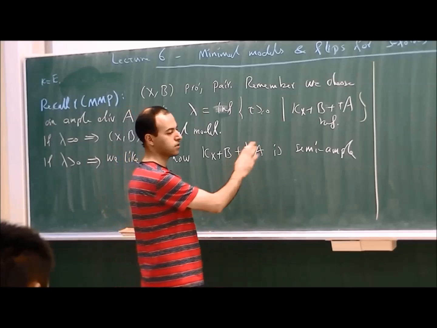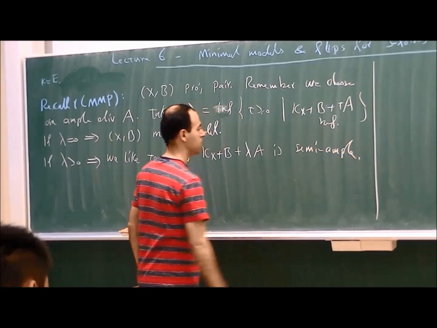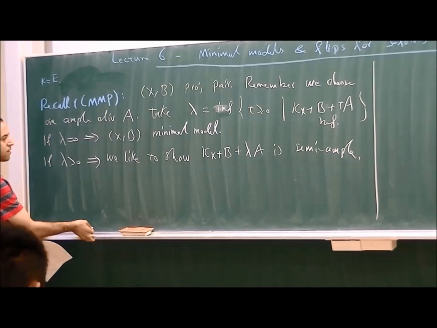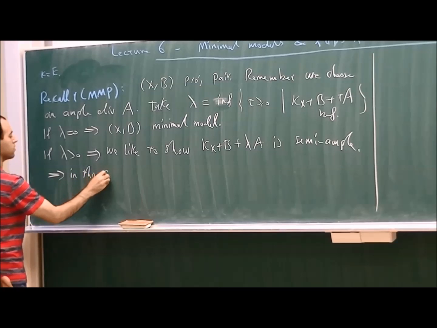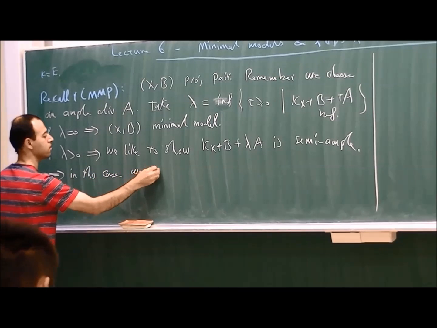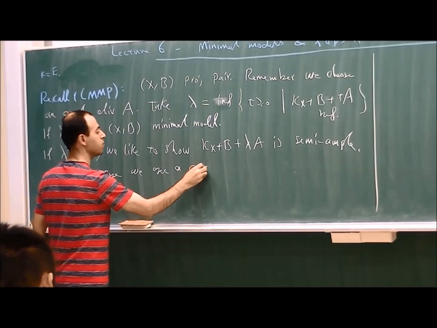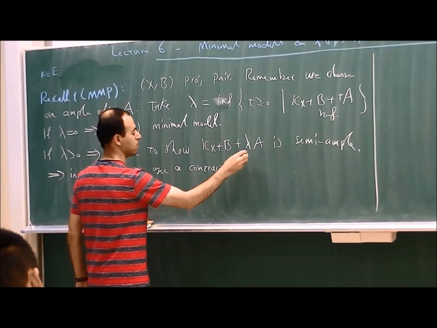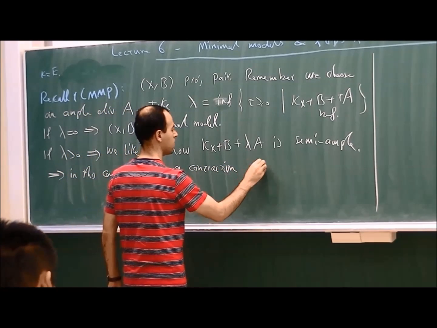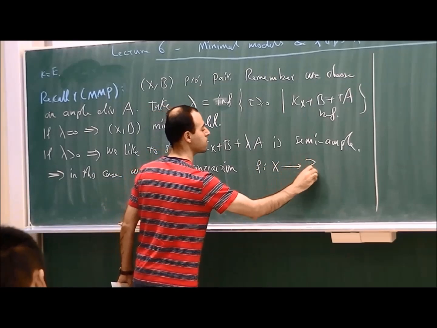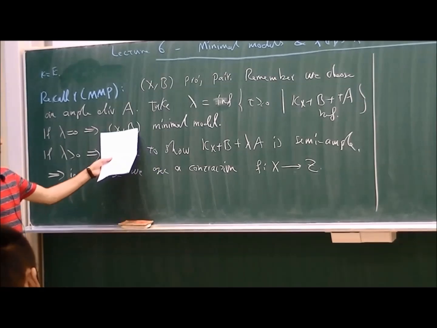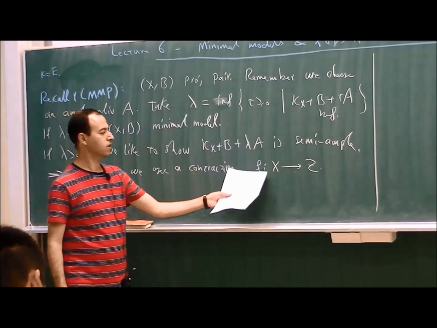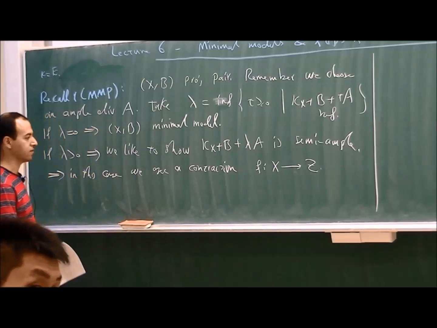I already actually proved this kind of statement. So we'd like to show this is the case, and if we can show this semi-ampleness, we get a contraction, a morphism, let's say, f from X to Z. So this is going to be non-trivial because it will contract at least one curve.